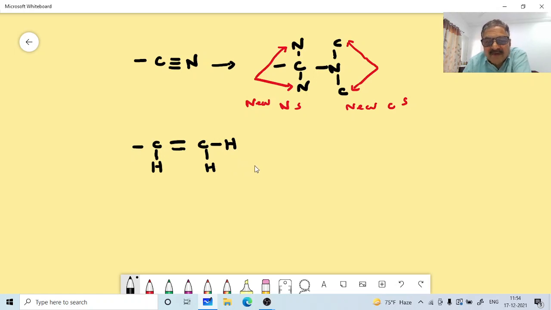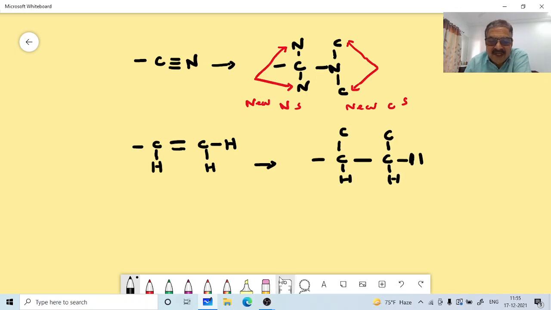That is the fundamental principle. Now, the double bond is to be broken. The pi bond is to be broken. Therefore, it will become like this. This CH bond is the same as usual. Now, this is to be attached with one carbon here. The double bond goes. Then this is attached with one more carbon here. Then these hydrogens are intact. Nothing happens to that, because originally it is a single bond. So we are not changing that bond.